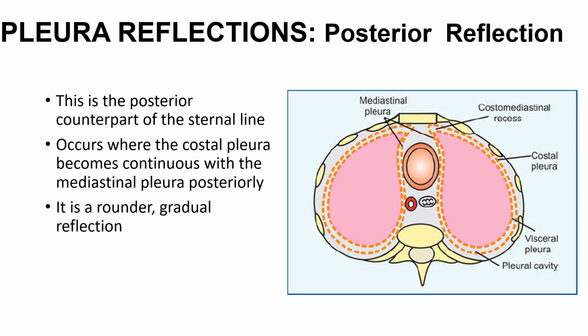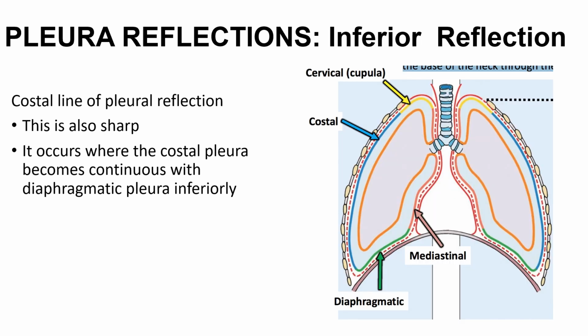This is a gradual turn and this reflection is rounded. The inferior reflection is another sharp reflection. It is formed when the costal pleura turns onto the superior surface of the diaphragm to form diaphragmatic pleura inferiorly. This is also called as costal line.